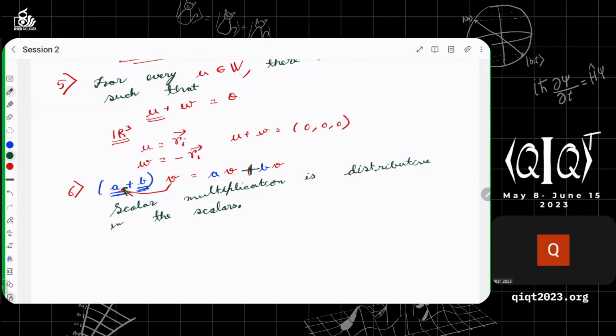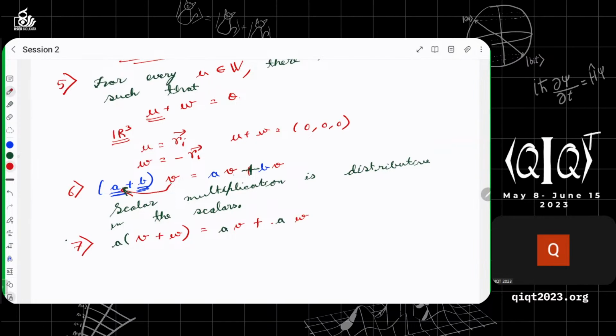So basically it's getting distributed over the scalars. And analogously, we can have a corresponding thing for the distribution of scalars over vectors. And that would look something like a times (v plus w) equal to a v plus a w. Sorry.